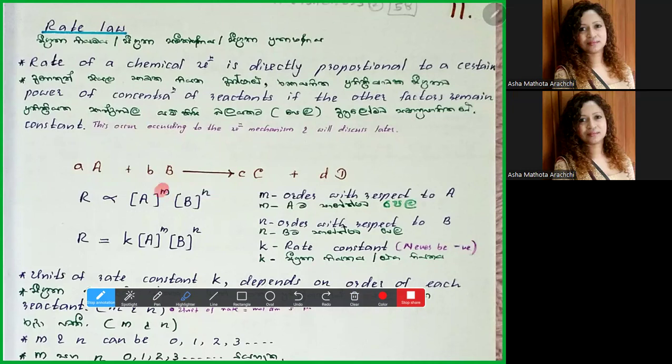So we can name m as the order with respect to A, and n as the order with respect to B. To remove the proportionality sign, we can add a constant. Here we are talking about the rate, so this constant is called the rate constant. Clear that? Okay.